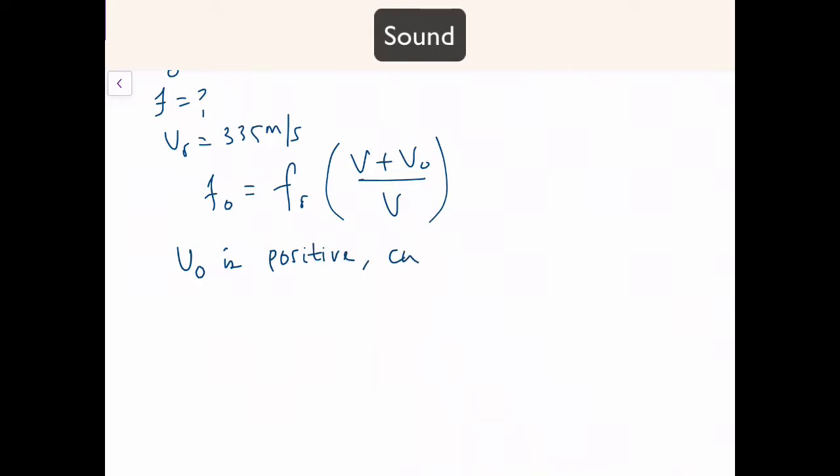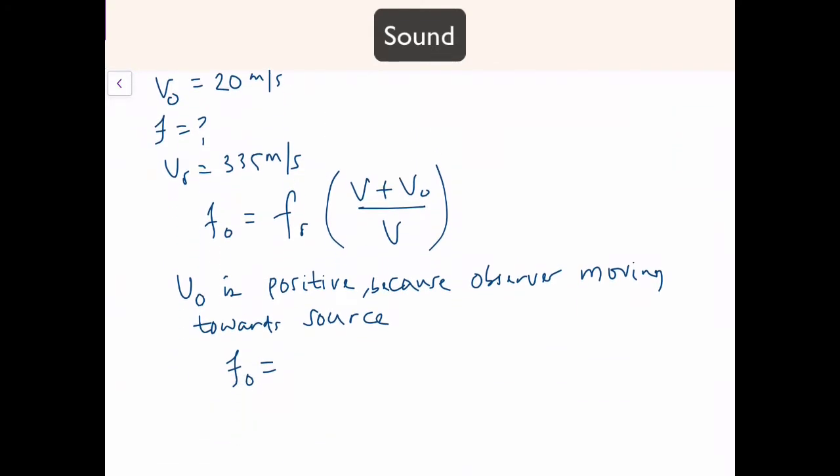because the observer is moving toward the source. Okay, so f naught equals then fs, which is the frequency, that is 500, times v, the speed of sound, 335, plus 20, the speed of the observer on the train, divided by 335.